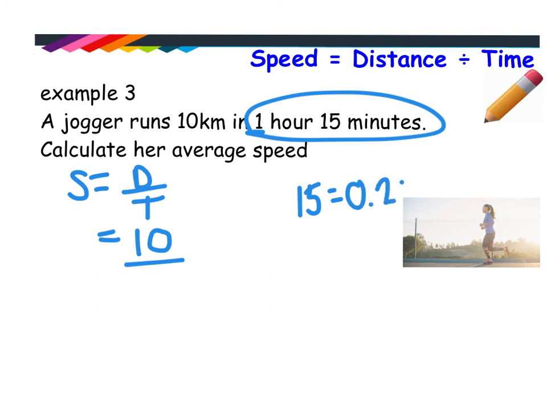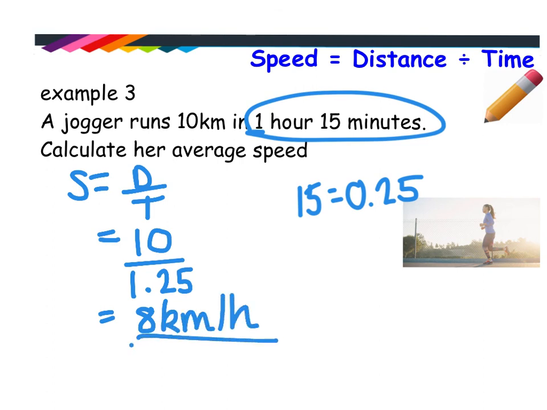So 15 minutes is 0.25. 1 hour 15 would be 1.25. And then do that in your calculator and you get exactly 8. So our distance was in kilometres, so our speed is 8 kilometres per hour. So this person can run 8 kilometres in an hour. Okay, so that's my 3 examples done.